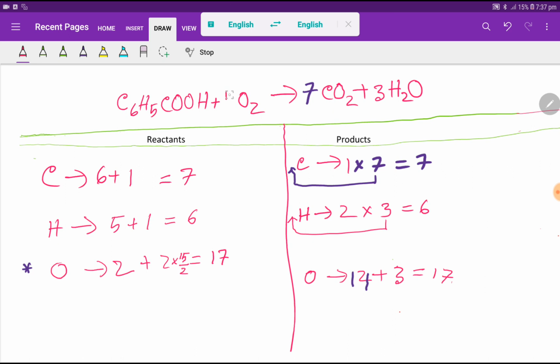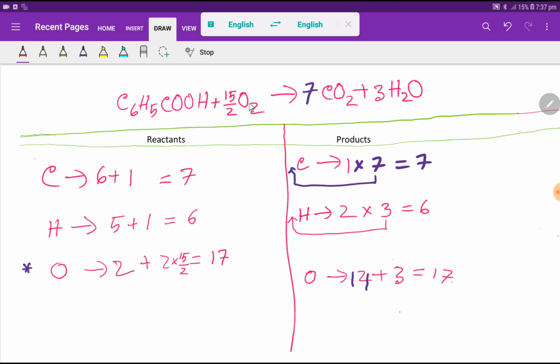So let me put here 15 over 2, right? Okay, so look, this is a fraction, right? So 17 oxygen, hydrogen 6, carbon 7, everything is balanced, but this is a fraction, right?